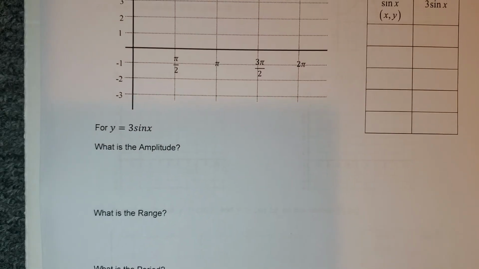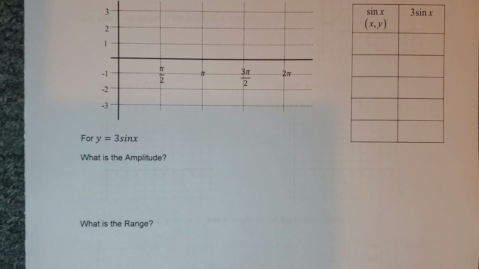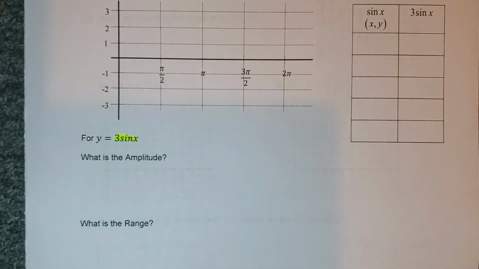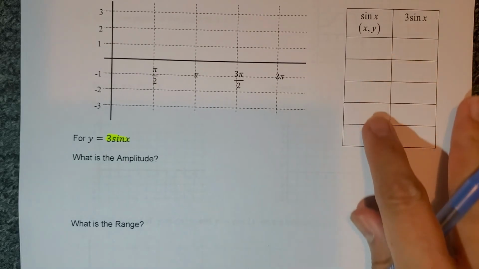All right, so here we go. The next exercise wants us to graph y equal to 3 sine by plotting points, and they give us a table here.